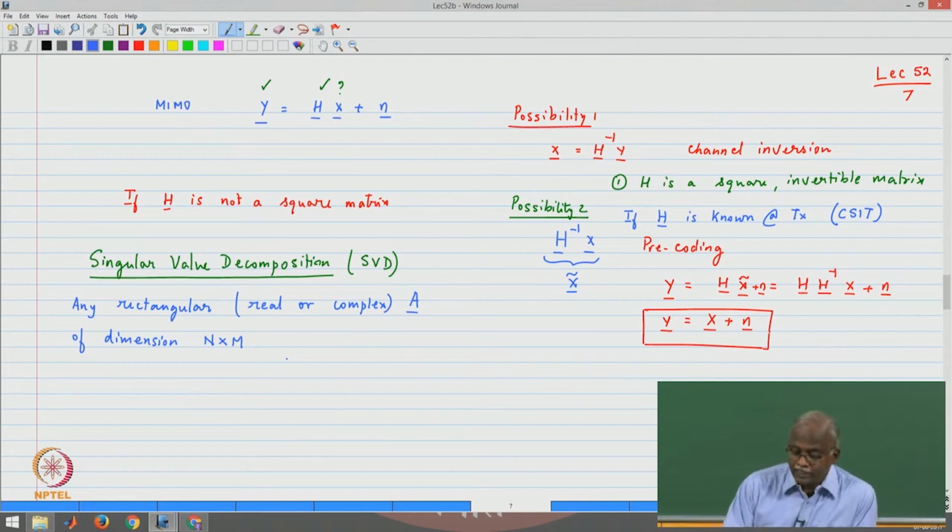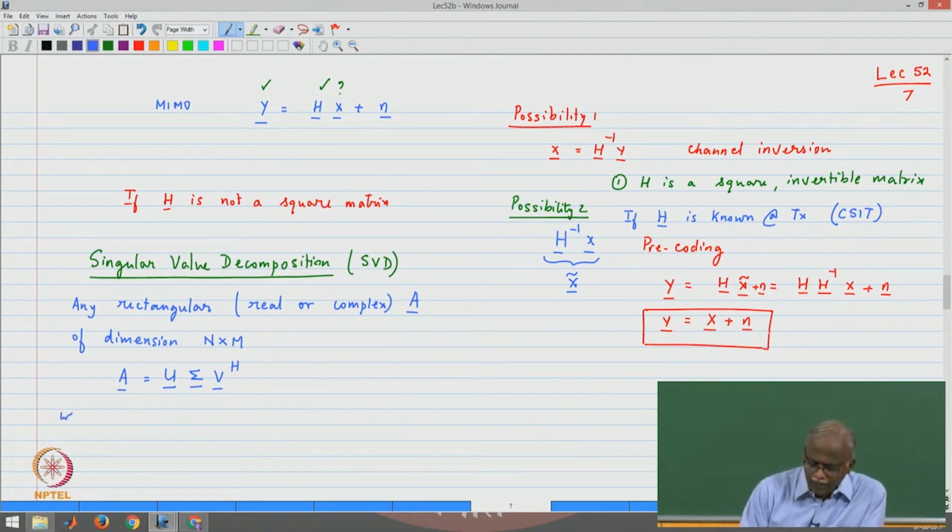Now, the statement of the singular value decomposition or the SVD theorem states that the matrix A can be written in the following form, where A can be written as U times sigma times V Hermitian, and we will describe each of the component terms now, where the matrix U is a unitary matrix.